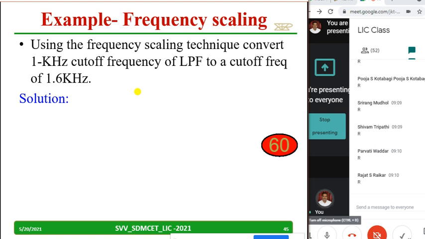Let me wait for 1 minute, and if nobody gives it, then I'll show the steps. We have given the steps in the previous slide. The ratio you have to take should be multiplied to the resistor. Whatever R value you get, type it in the chat box.